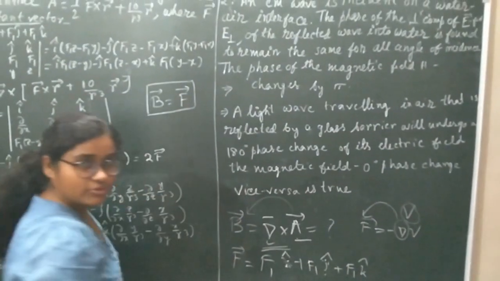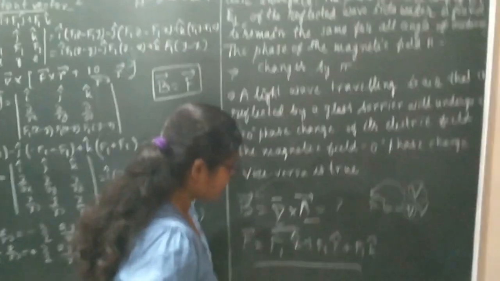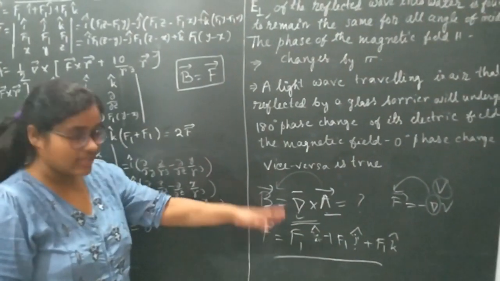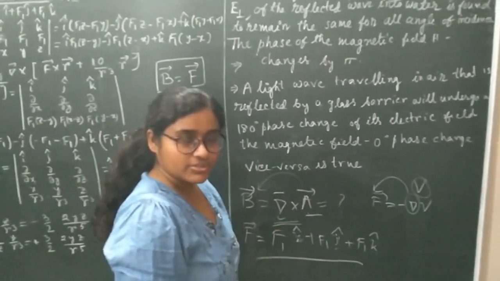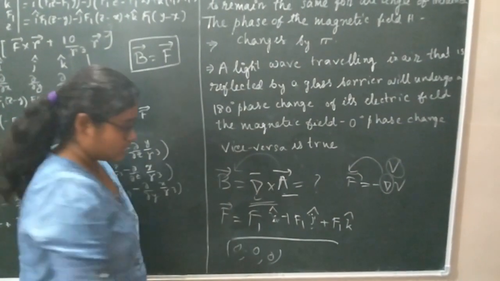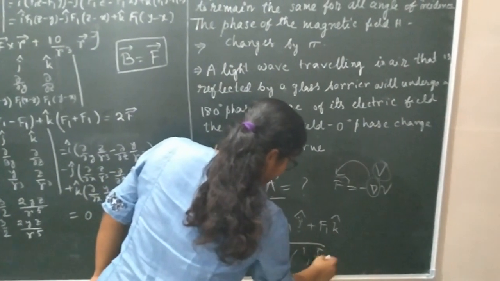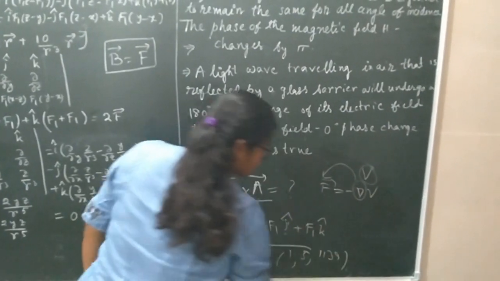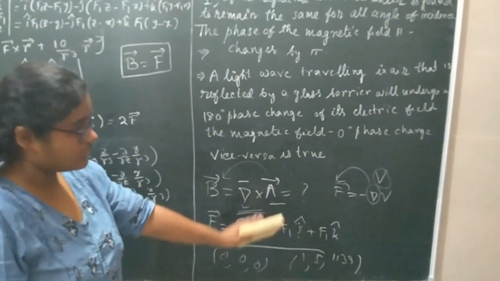The magnitude of the vector is the same along the three directions. So suppose 0, 0, 0 is a constant vector, or 1, 5, 1, or 1, 3, 9. These are constant vectors. These are not varying with time. These are constants.